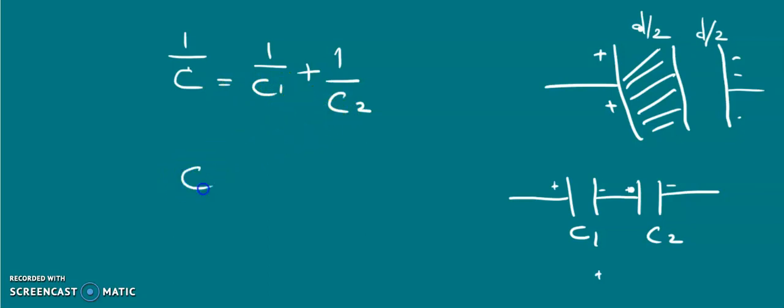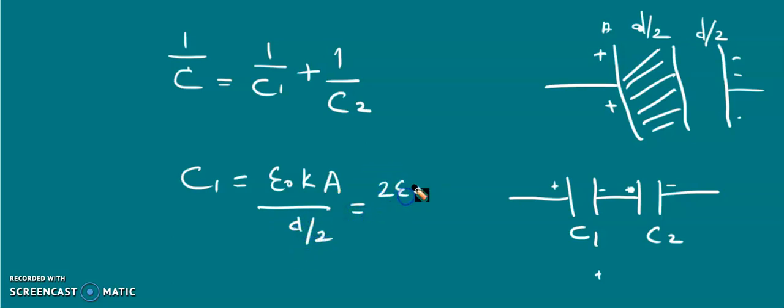Now we can calculate C1. There is a dielectric medium having dielectric constant K, so epsilon 0 K, with area A, and the distance between the plates is not D but D by 2. So C1 is 2 epsilon 0 K A by D.